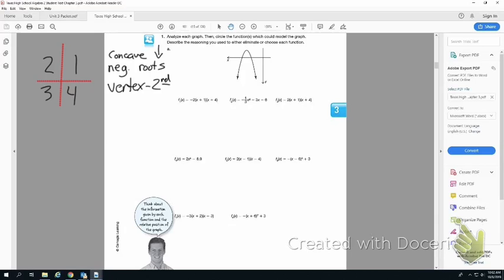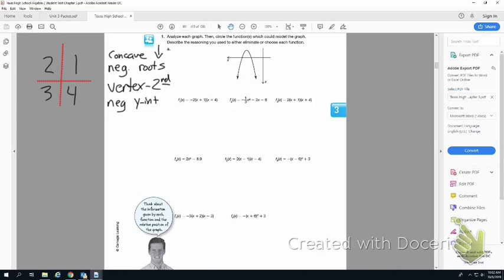Andrew, the y-intercept, is it going to be positive or negative? Negative. So once we have this, we're going to go through these and see which one, and it's not just one, there could be more than one equation that could fit this graph.